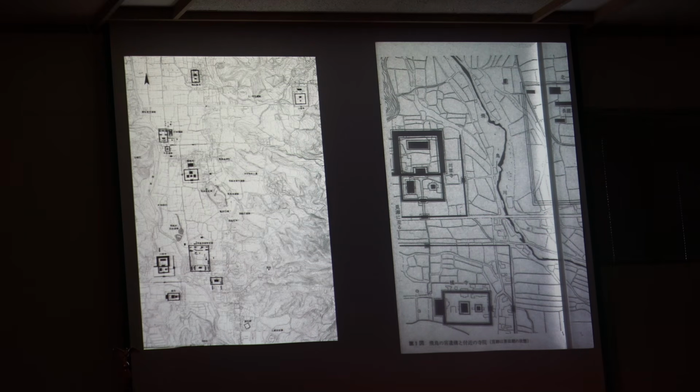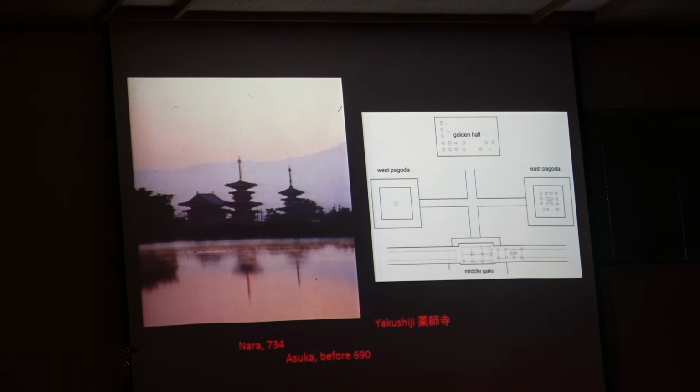And if you know the monastery Horyuji, and I will get there, it's a little bit later, that's the plan that's always puzzled people. Why are the Buddha hall and the pagoda side by side? I think it's the evolution of the Pekche plan. I can't prove it. It would be great if there were texts that said it. The fourth monastery in the city of Asuka is the Yakushi-ji.